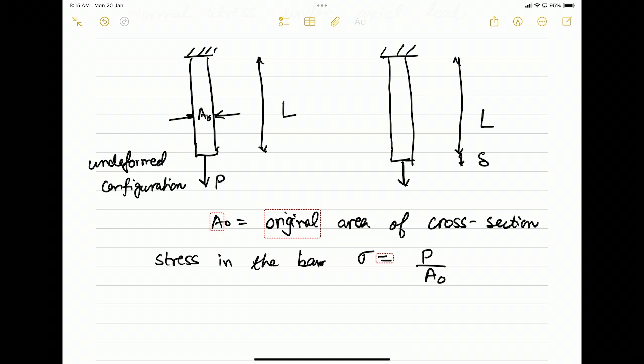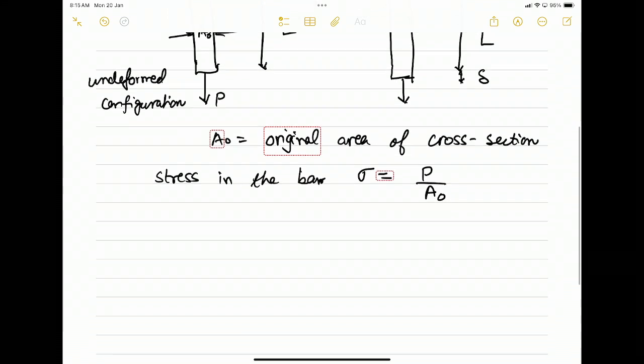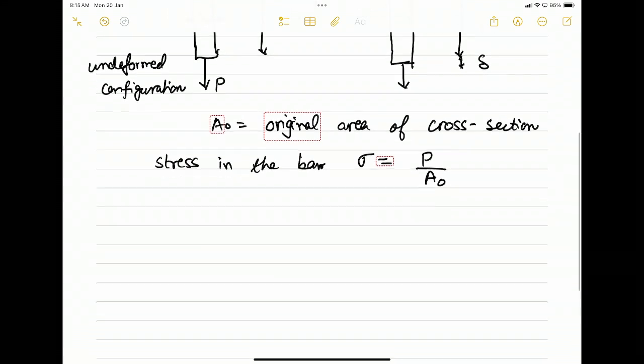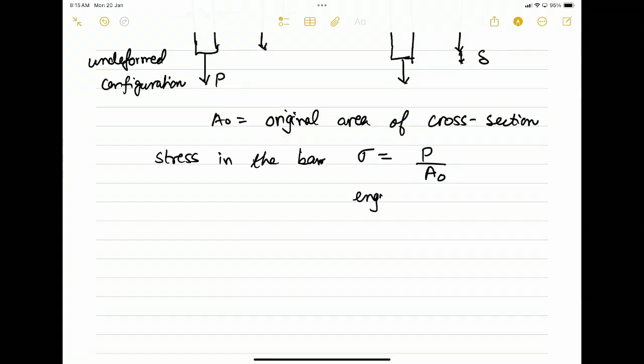Actually, the area will change. So therefore, when we define it like this, P divided by A0, this is what we call the engineering stress.